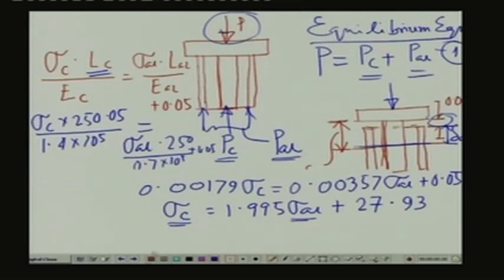The maximum allowable stress in the copper rod, sigma C max, is 100 MPa, and sigma aluminum allowable, or max as you call it, is 50 MPa.